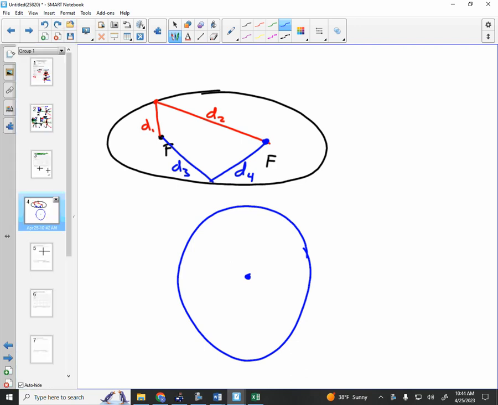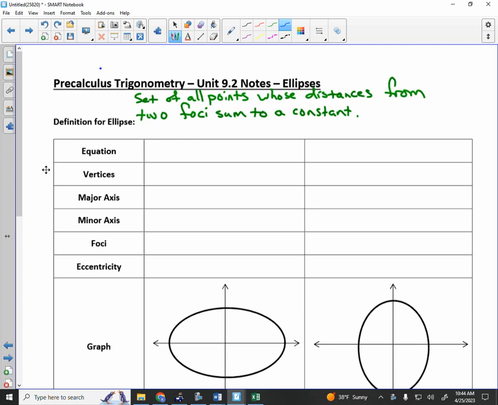So the equation looks as follows. We have x minus h quantity squared over a squared plus y minus k quantity squared over b squared is equal to 1.